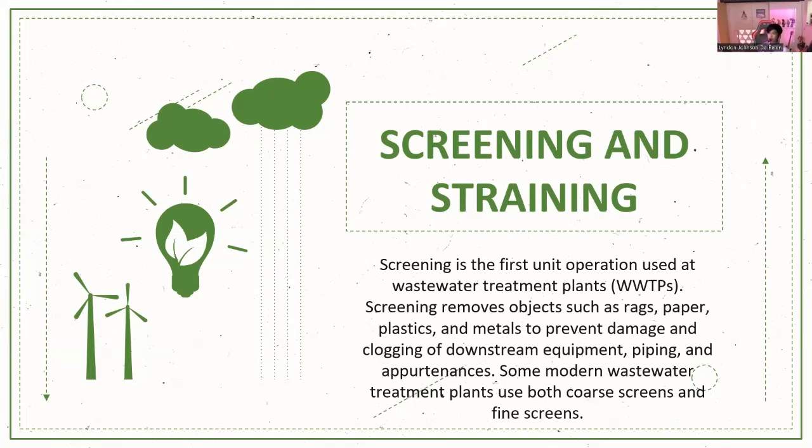Screening and straining basically is a pre-wastewater treatment which aims to prevent coarse solids such as plastics, rags, and other trash from entering a sewage system or treatment plant. Solids get trapped by inclined screens or bar racks.